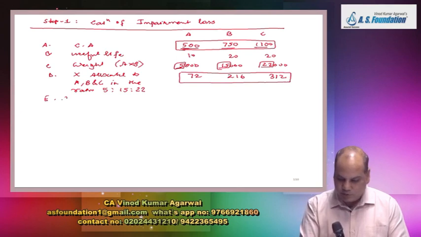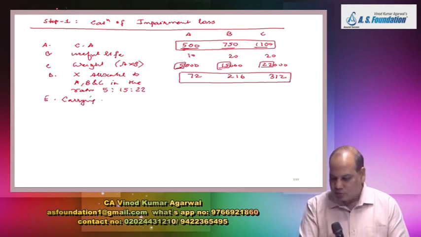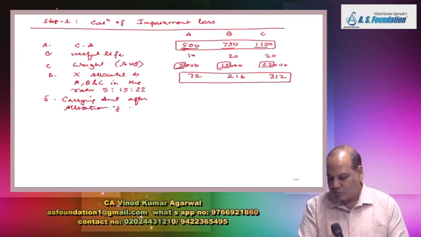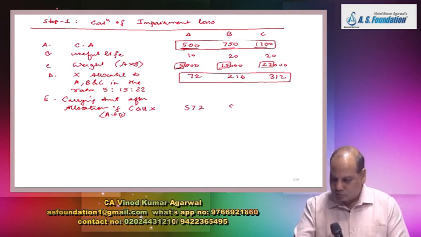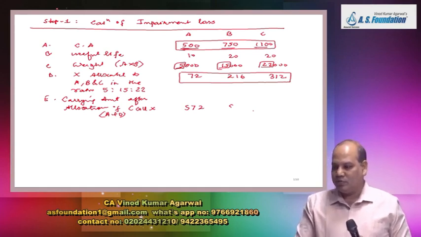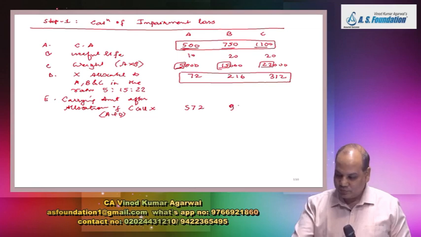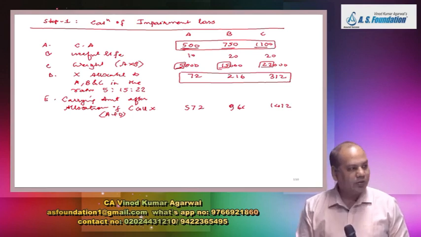So my point number E will be carrying amount after allocation of CGU X. You will add A plus D. So this is 572. 572 is right. 500 plus 72 without calculator, 572. 750 plus 216, 966. 1100 plus 312. This is their carrying amount.